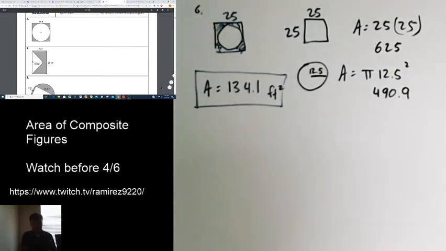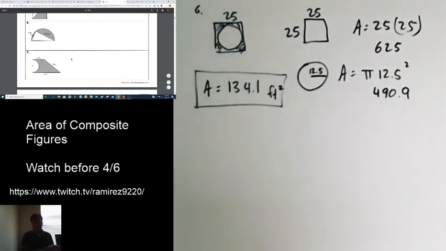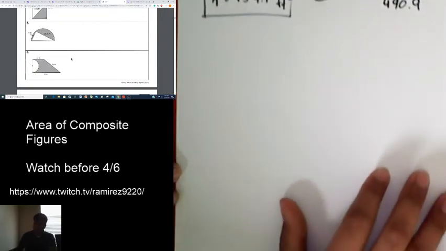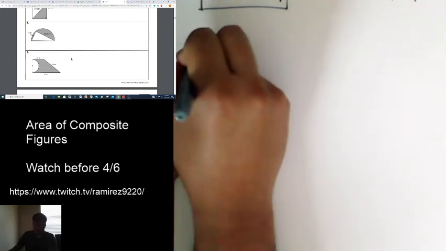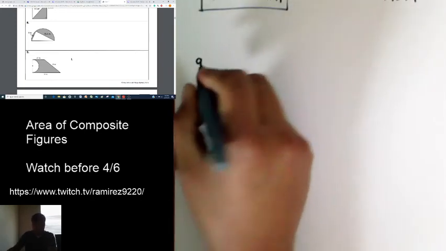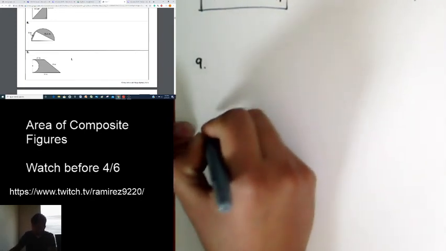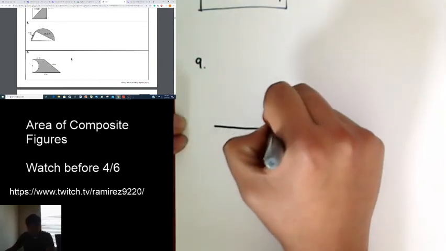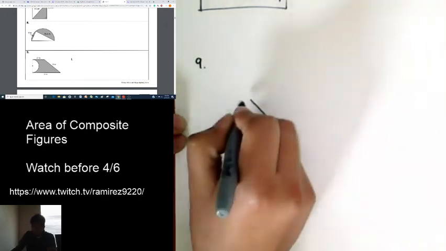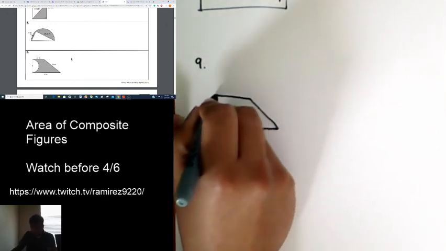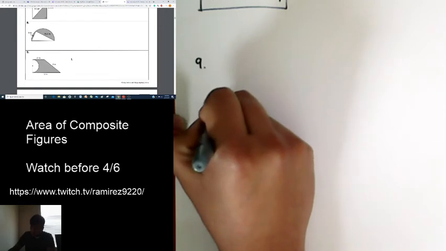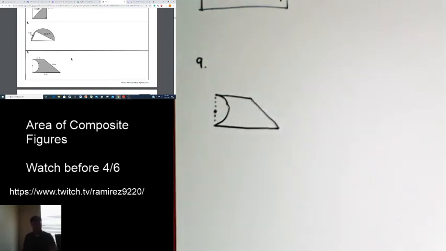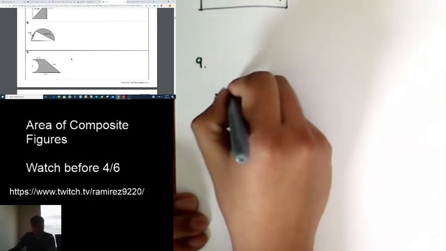So the next one I wanted to talk about was number 9, just because again, it's multiple shapes put together. So on number 9, you guys have a shape that looks something like this. And then this happens to be a semicircle. So you know this is 17.